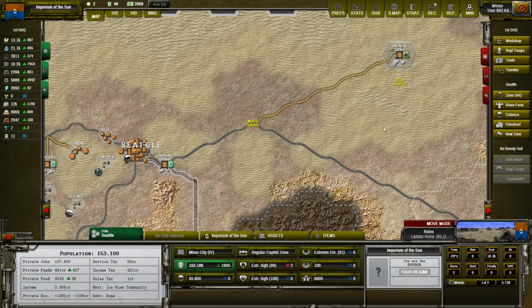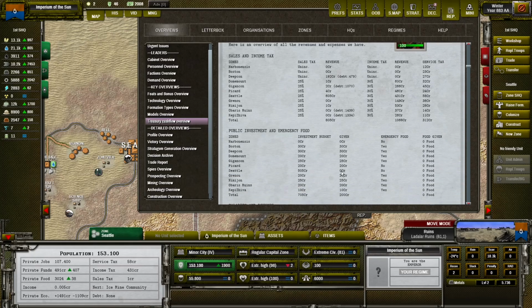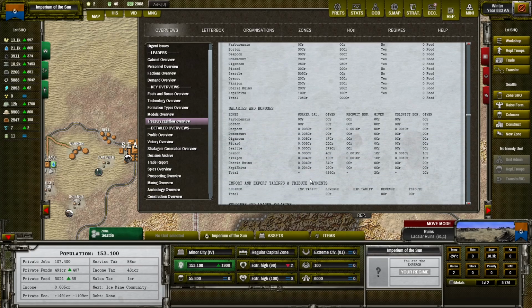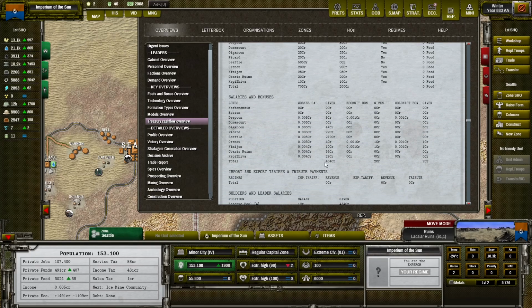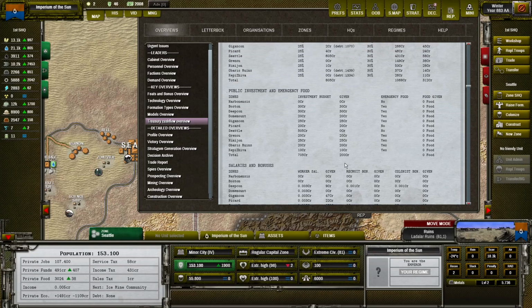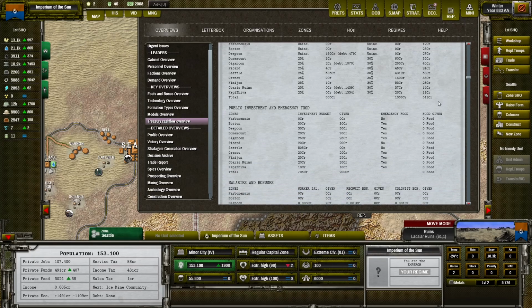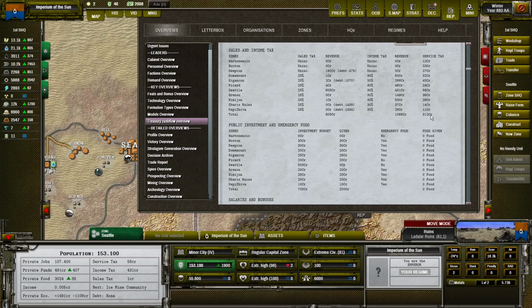So you can see that even if I invest 700 credits and I pay 400 credits in salaries, I can get 1000 credits back because of the taxes and because of the service tax.